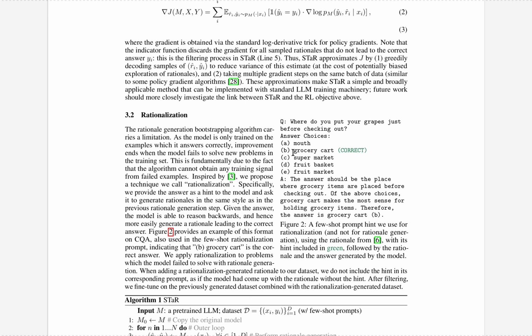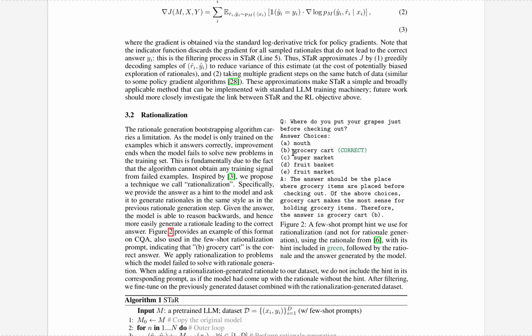We apply rationalization to problems which the model failed to solve with rationale generation. When adding a rationalization-generated rationale to our dataset, we do not include the hint in its corresponding prompt, as if the model had come up with a rationale without the hint. After filtering, we fine-tune on the previously generated dataset combined with the rationale-generated dataset.